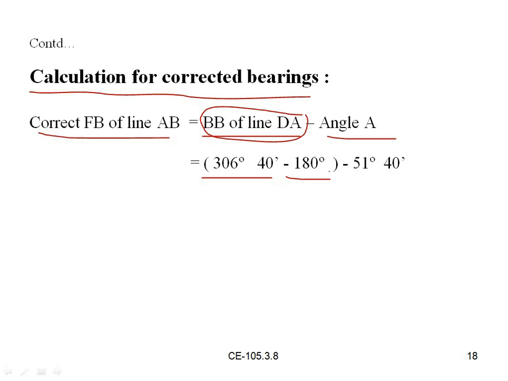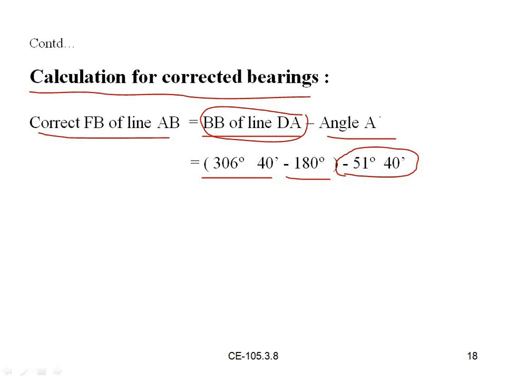Why are we taking 180 degrees here? Because it is more than 180 degrees, that's why we take 306 degrees 40 minutes minus 180 degrees, minus 51 degrees 40 minutes.